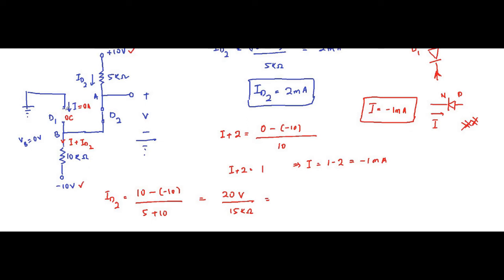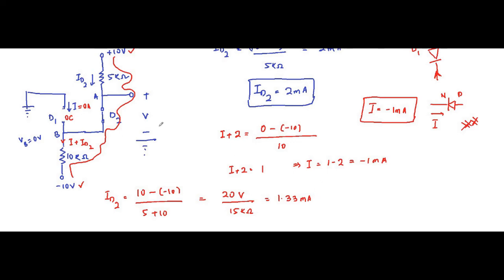Because this is open circuited, no current will flow through this path. So we have this closed path from here to here. So that is 20 volt by 15 kilo ohm, which will be 1.33 milliampere. We have got ID2.